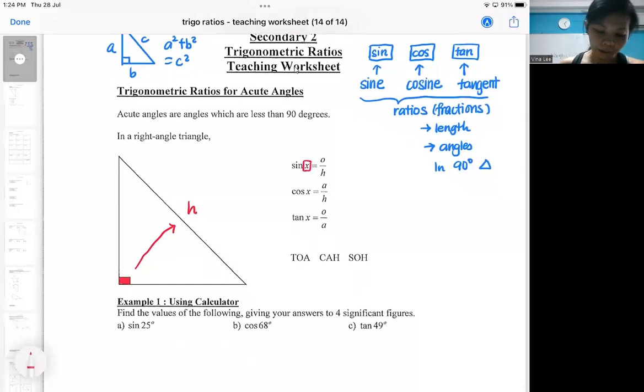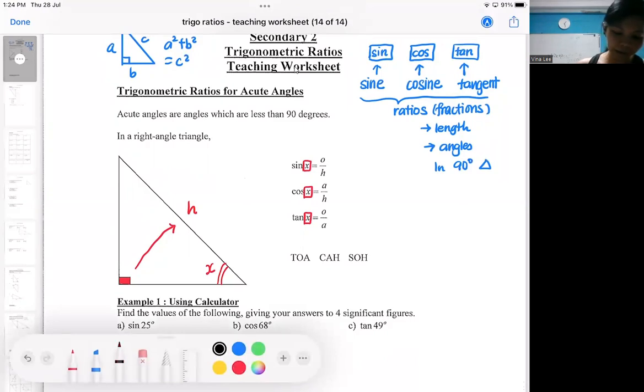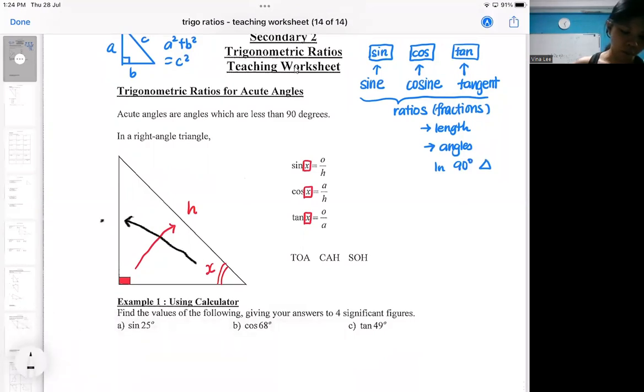So X is the angle. We read it as sine X, cosine X, tangent X. This is the angle that we're talking about. Can X be on the other corner? Yes, I'm just showing you first. So you locate the angle X. This is the O. O is the length that is opposite the angle. A is the length that touches the angle.